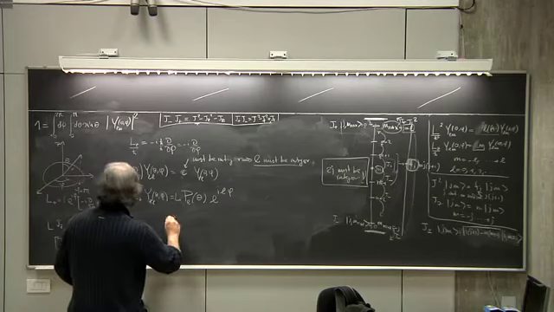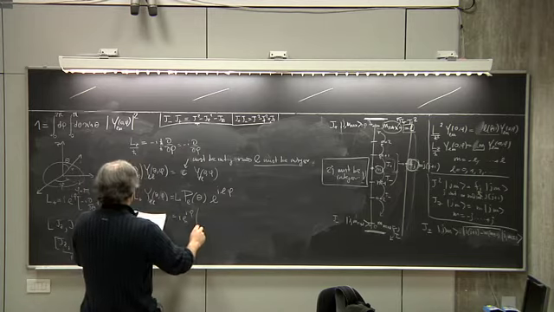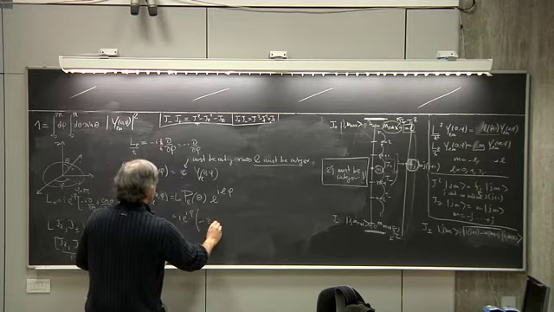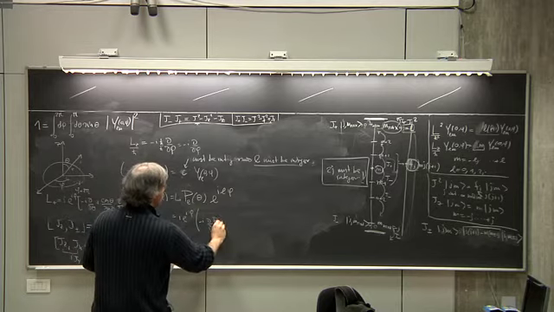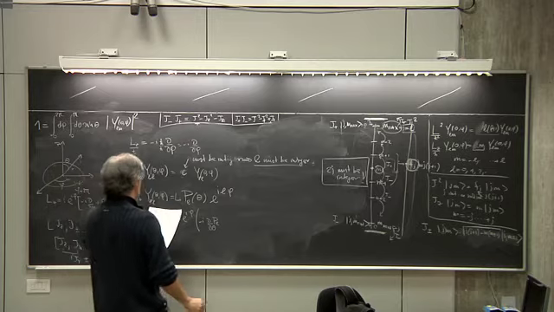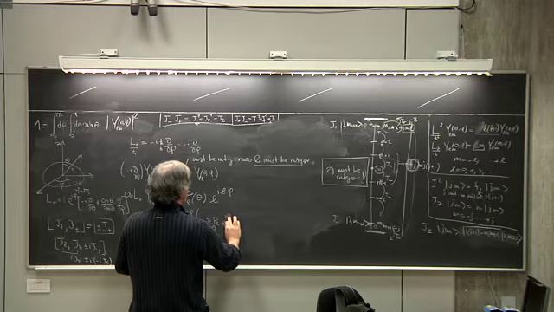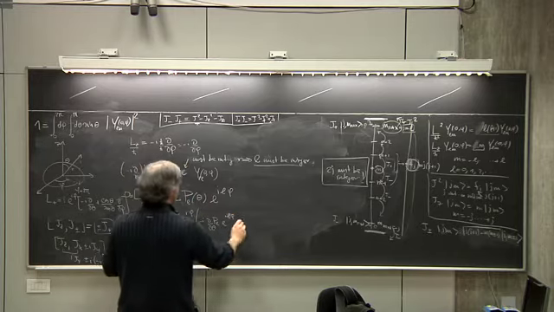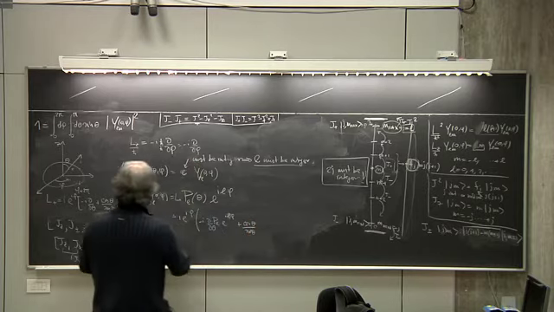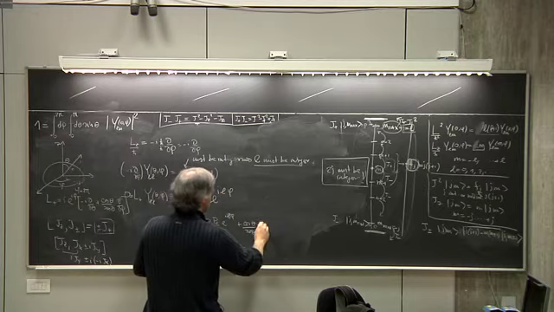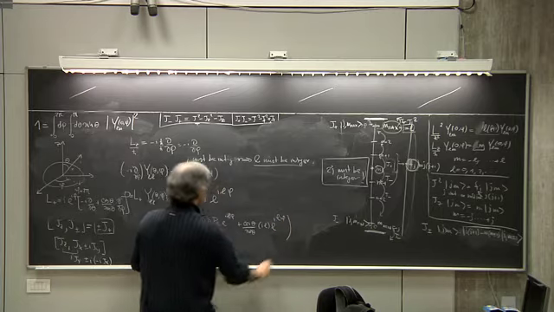I have i e to the i phi, then I have minus i, the derivative with respect to theta, which I can operate on P only, you see, times obviously e to the i L phi. And then I have plus the cosine of theta over the sine of theta. And then I take the derivative with respect to phi, which brings down iL, e to the i L phi. Okay?